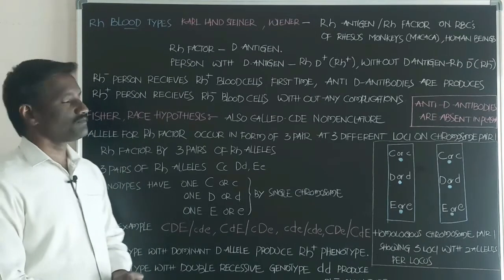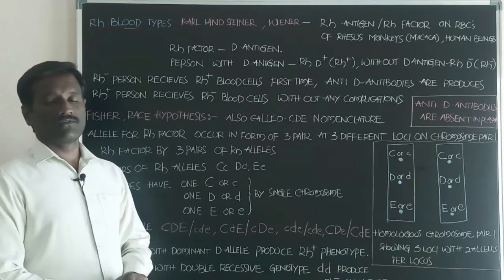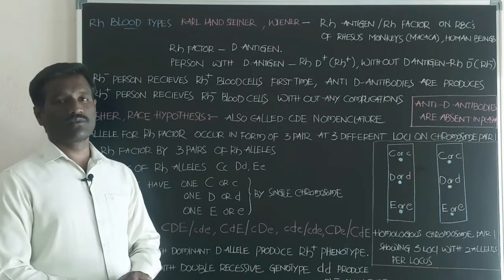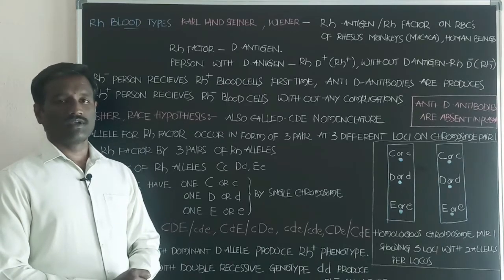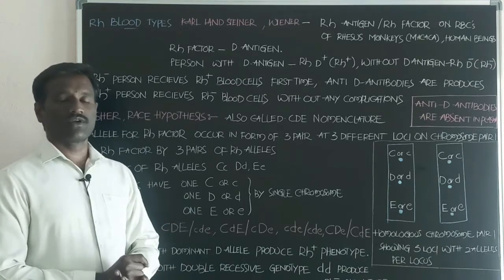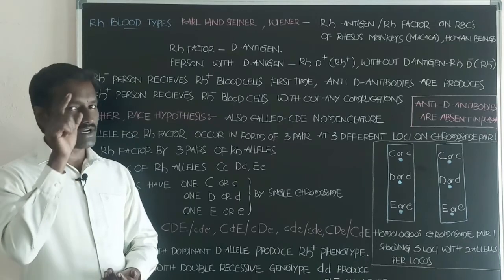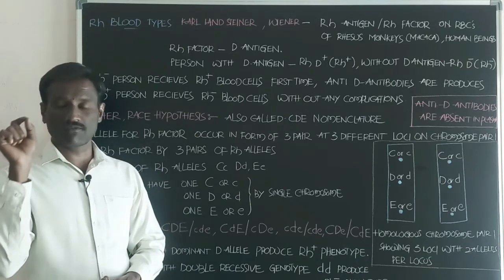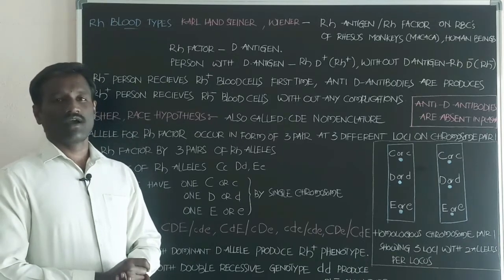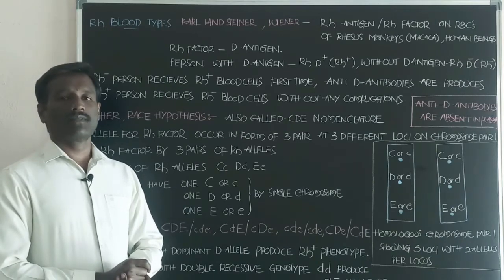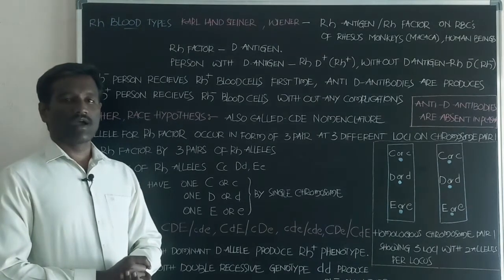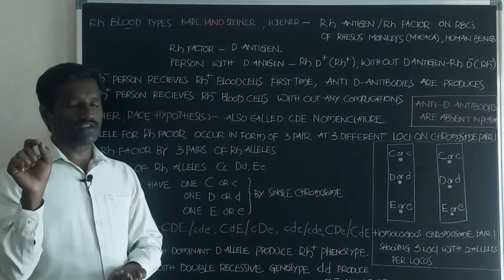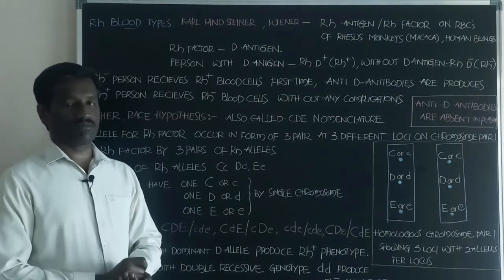Okay, student, if you observe A blood group persons, type A blood group, in these individuals antigen A is present on the plasma membrane of RBC. And if you observe the plasma of that individual, anti-B antibody is present in the plasma.